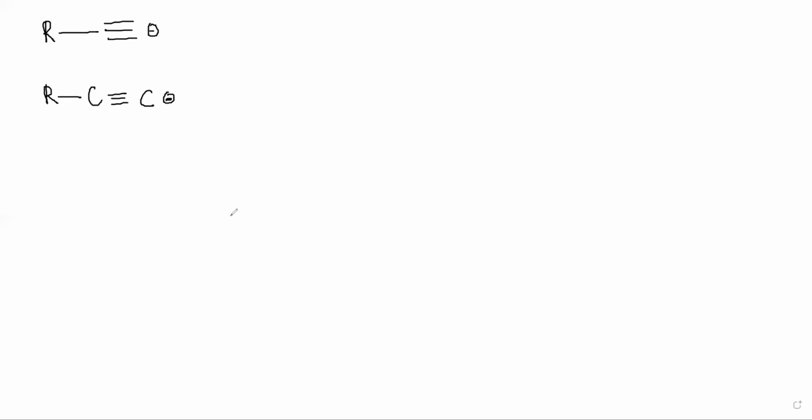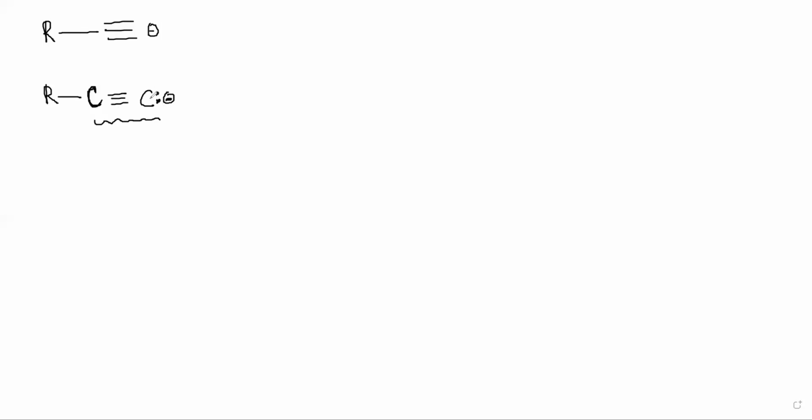Which is the nucleophilic one, he is asking. Obviously this is the negative carbon. This carbon has a completely full octet, but there is a lone pair of electrons here, and that is why it is negative.